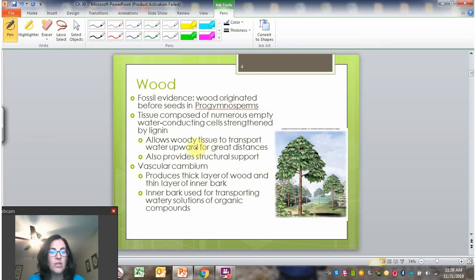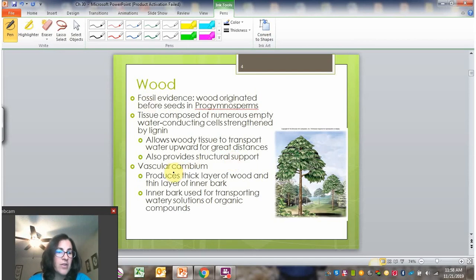And so wood is really good at conducting water. It provides structural support. So again, in its thickened, really rigid forms, you can have a trunk that's yards wide, meters wide, and again, hundreds of feet tall.